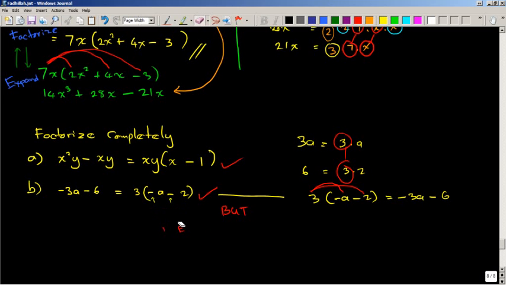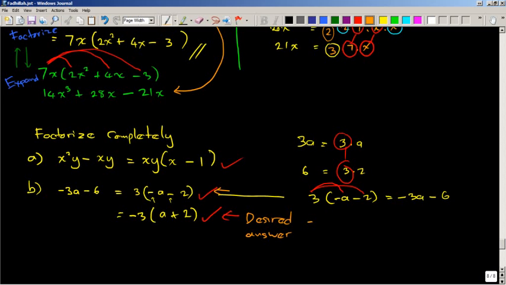Minus 3 kita bubuh kat luar, kemudian kita bubuh A plus 2. This is the desired answer. Even though the first one is also correct, the desired answer is the second one.